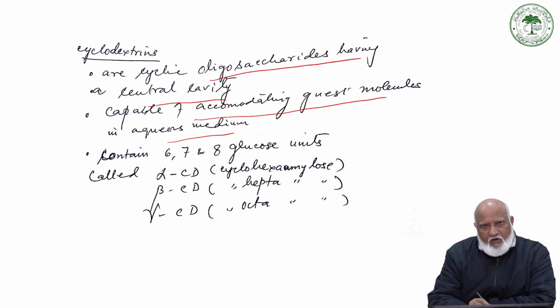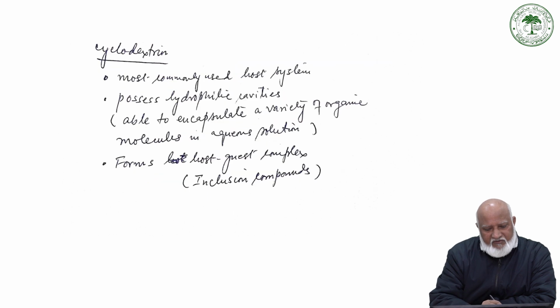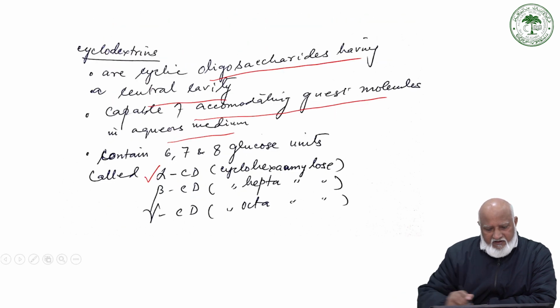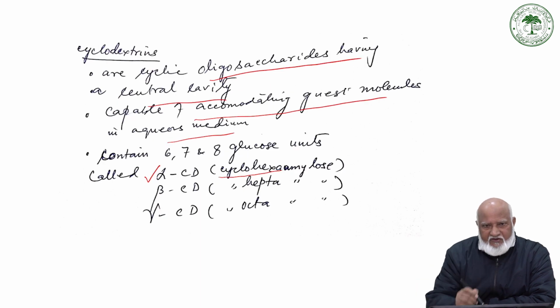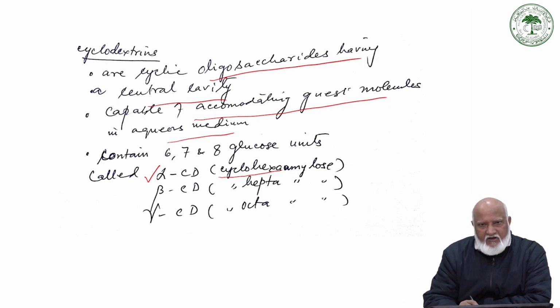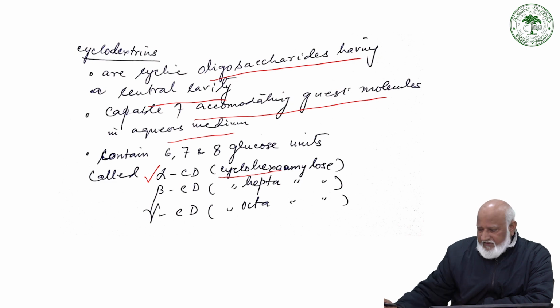So the most commonly used are alpha cyclodextrin, beta cyclodextrin, and gamma cyclodextrin, where 6 amylose moieties are connected to each other to form a circular medium. Here in beta cyclodextrin, 7 glucose amylose units are connected to each other, and similarly in gamma cyclodextrin, 8 amylose units are connected through an oxygen linkage to form a circular structure.